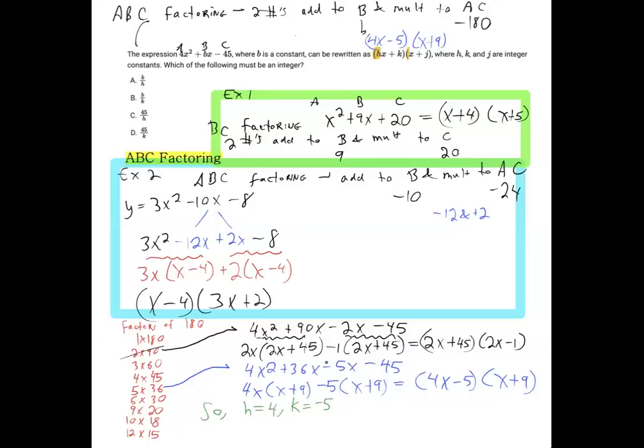So that actually means that minuses are kind of okay, even though they're not preferable. And j is 9. And there is one more letter that we need to solve here. And that is b. What is b going to be? And b is the middle term. When we were at this stage here, if we combine the 36x minus 5x, we would have had 31x. And that means that b, the thing in front of the x, is 31.